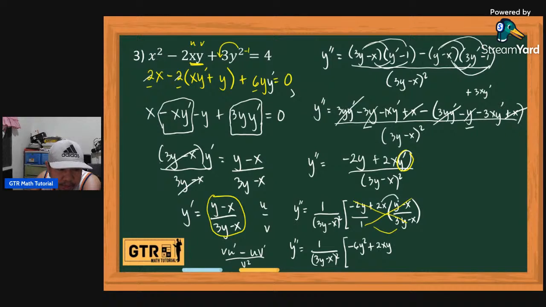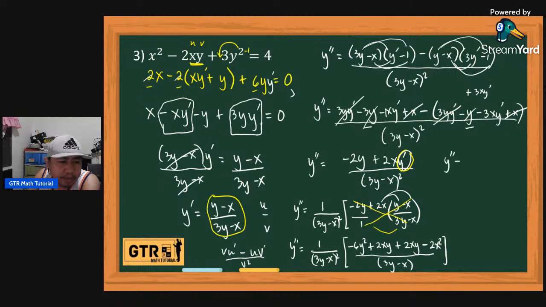And then distribute 2x to this, so we have plus 2xy minus 2x squared all over 3y minus x, which is the same as this. So we can combine this using the product law: 3y minus x squared, 3y minus x. By the law of exponents, we just add the exponents since we have the same base. And then simplify the numerator.